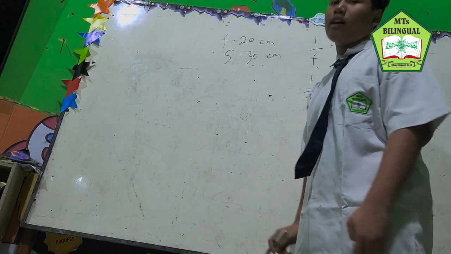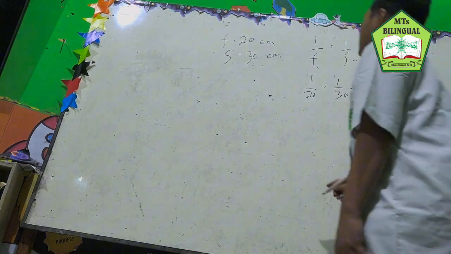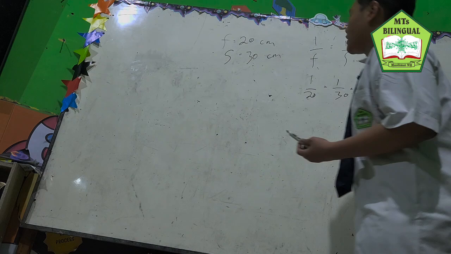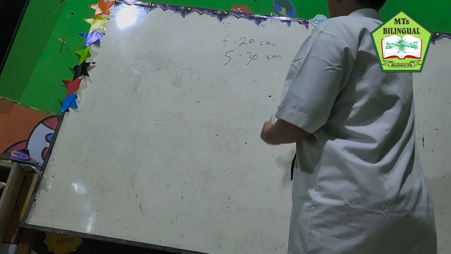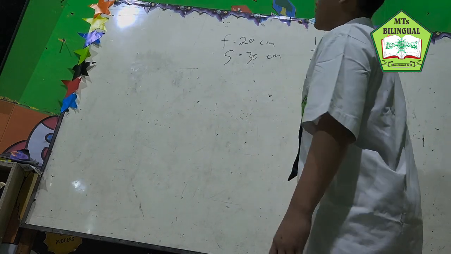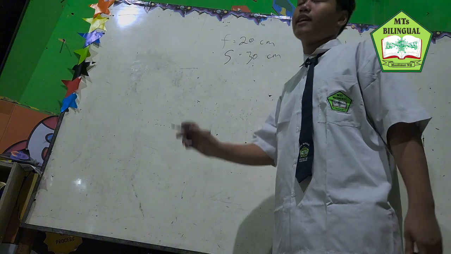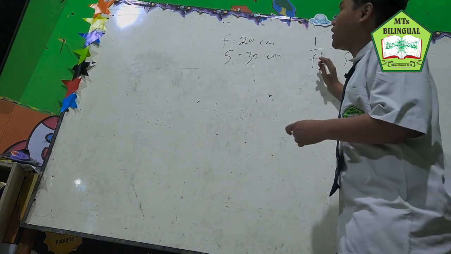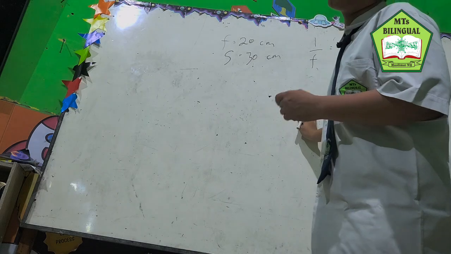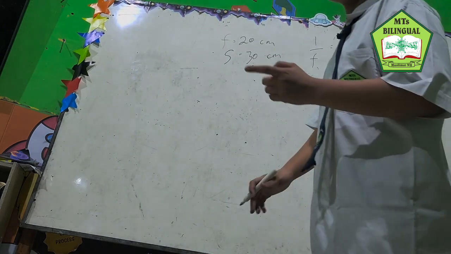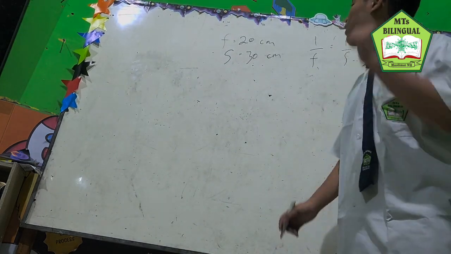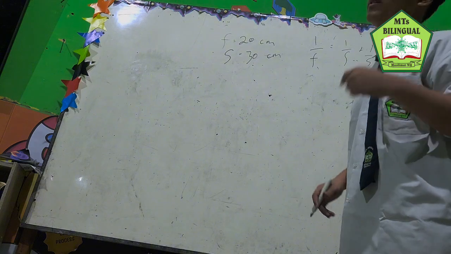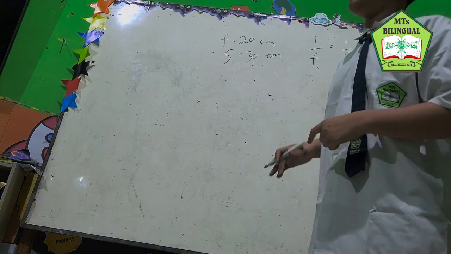To determine it, we can use the highest common factor, or HCF here, because this is a convex mirror, which means the focal point is positive. But if the question asks about a concave lens, then the focal point must be negative.